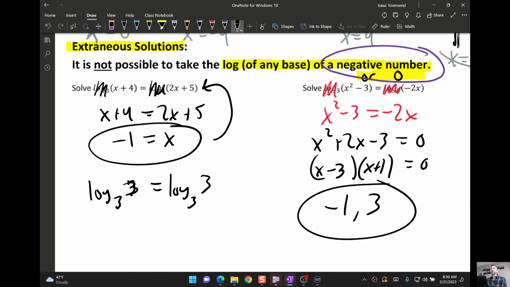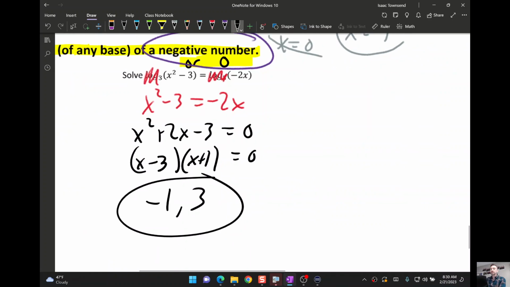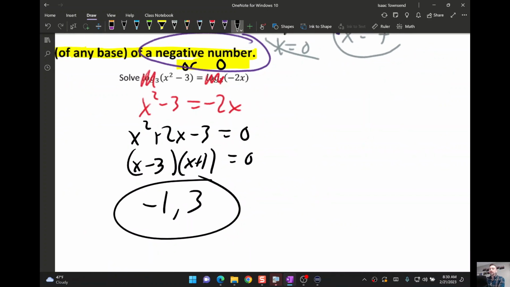If you had to guess without looking at it, I think you would say it's -1. But again, you can have a negative answer, you just can't take the log of a negative number. If I plug in -1 up here, I would get 1 minus 3, which would be -2, and +2.